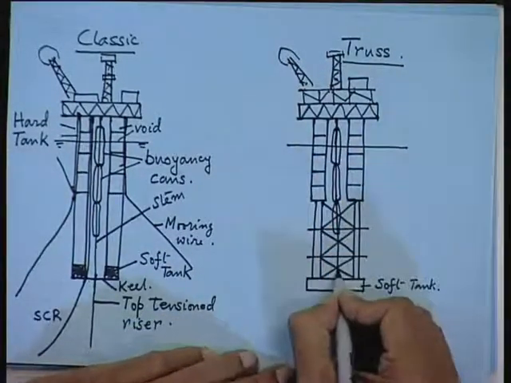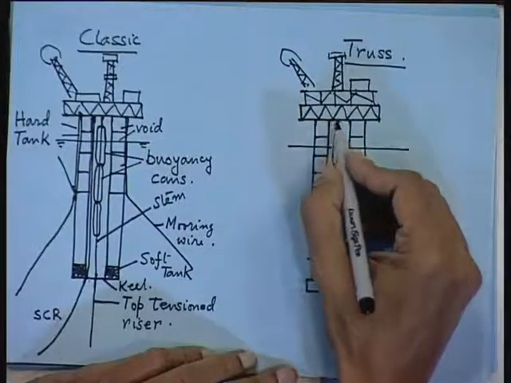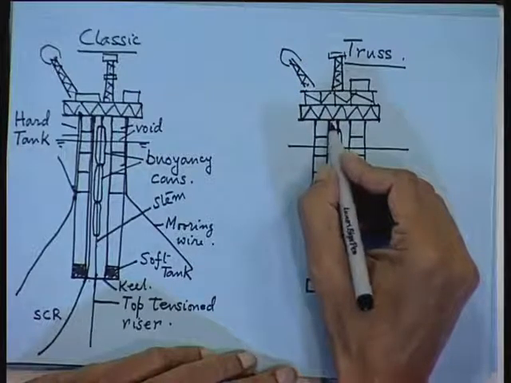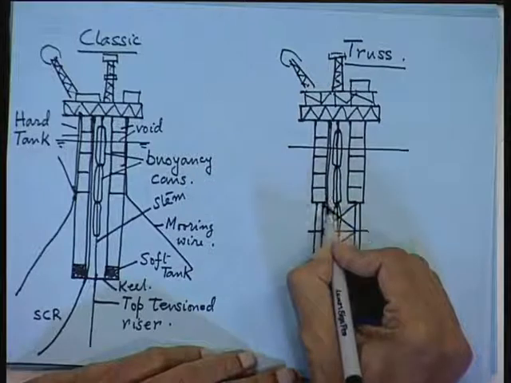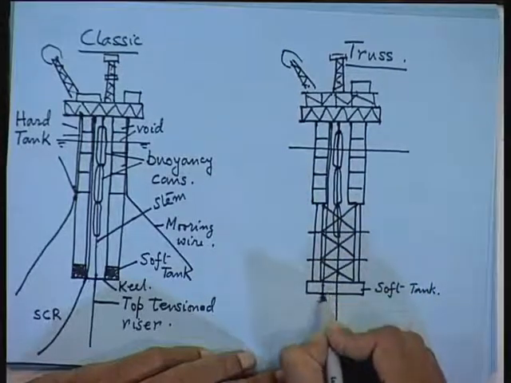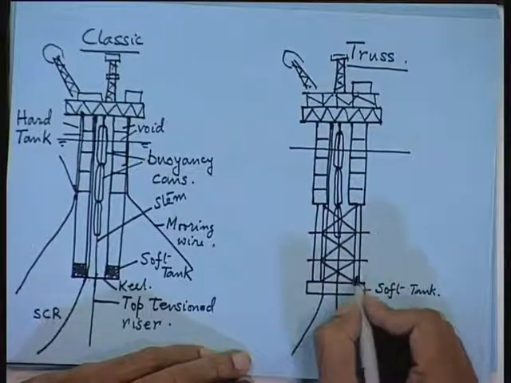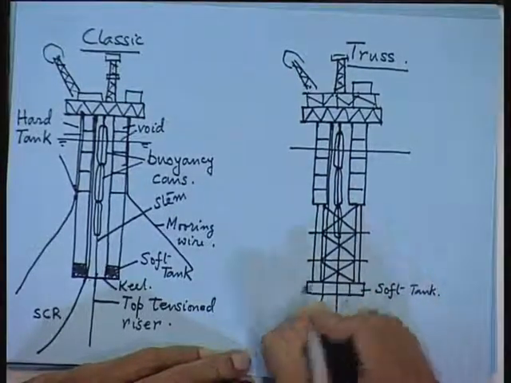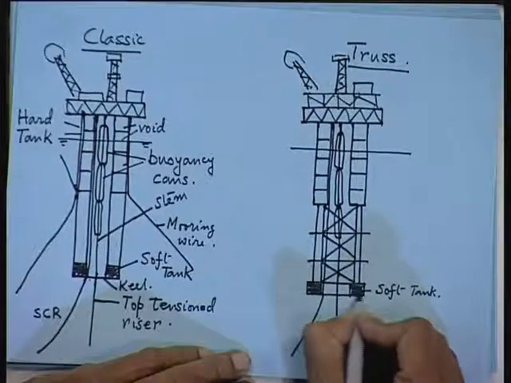So, this is one top tension riser, the other riser is coming on the side. So, the structure out here is more or less the same. So, from here the thing is hollow because you have to pass the riser at the bottom.